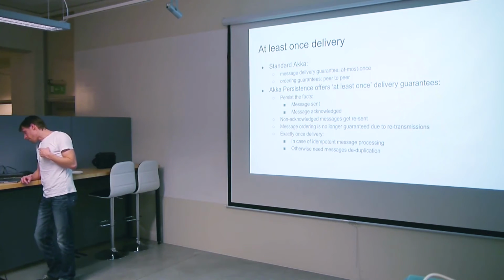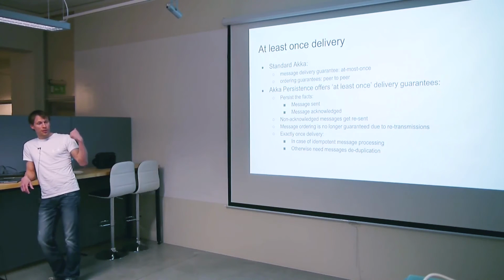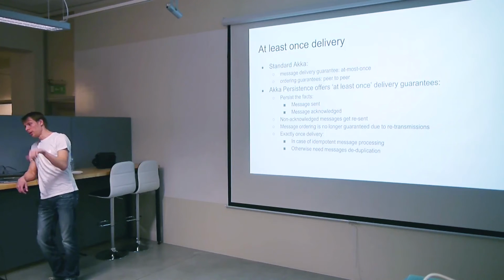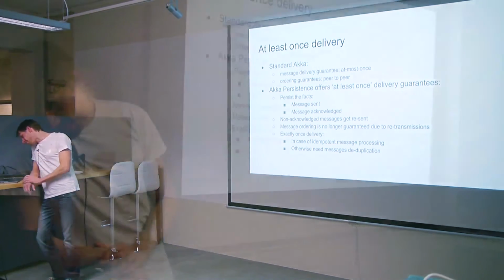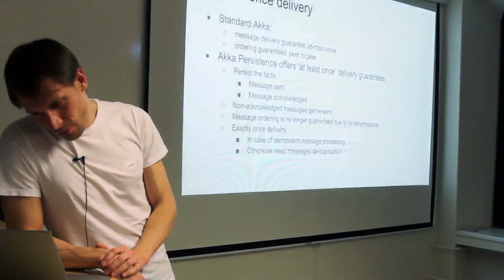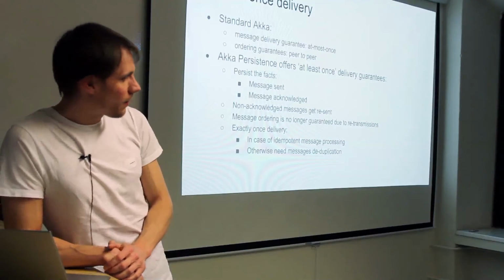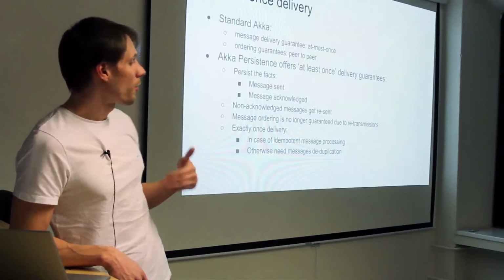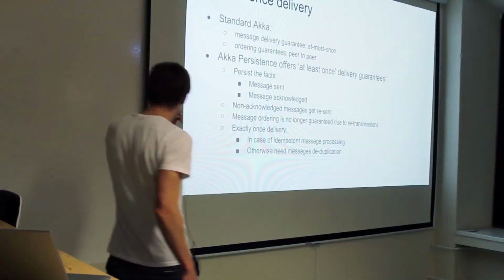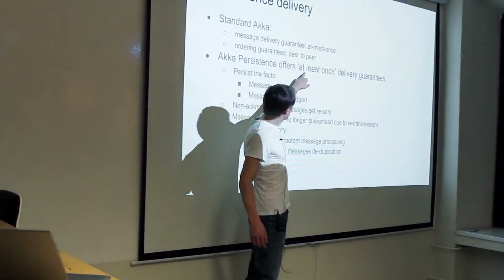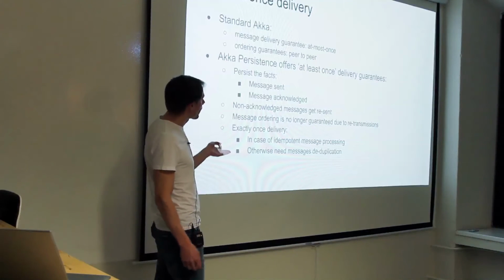And of course, message ordering is no longer guaranteed because the dropped message gets retransmitted and will arrive out of band. Well, if the receiver processes messages in an idempotent manner, then this at-least-once message delivery effectively becomes exactly once.